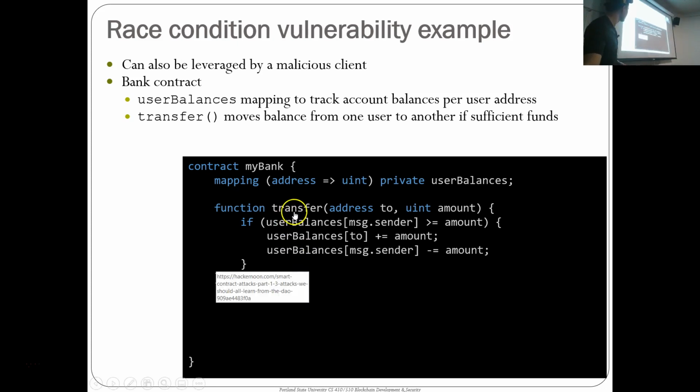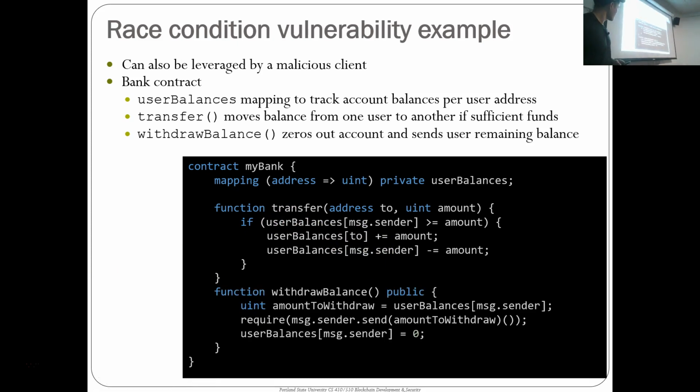So I can call this and say, I'm going to send this amount to a particular address. It checks to see if my balance is greater than that amount, and then updates the mapping to indicate that transfer. The other thing it has is this withdraw balance function.